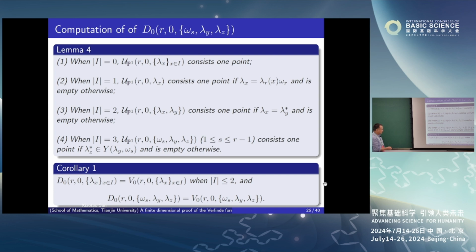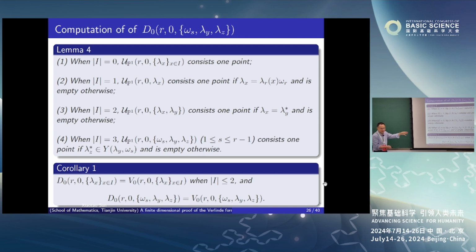For 2 points, we proved this equality. But for 3 points, we only prove the special case. Among the 3 points, there's 1 point where we put a special partition, and for the special partition we get this equality.